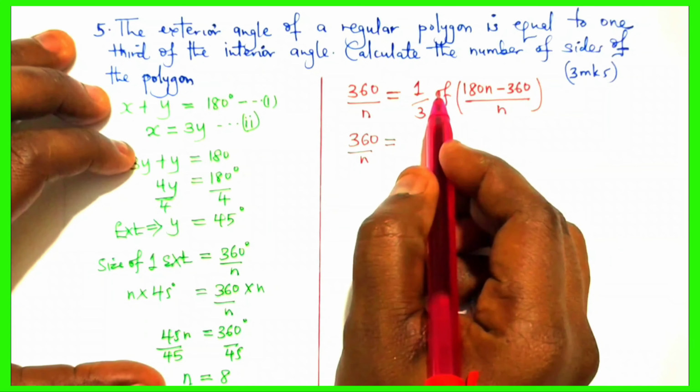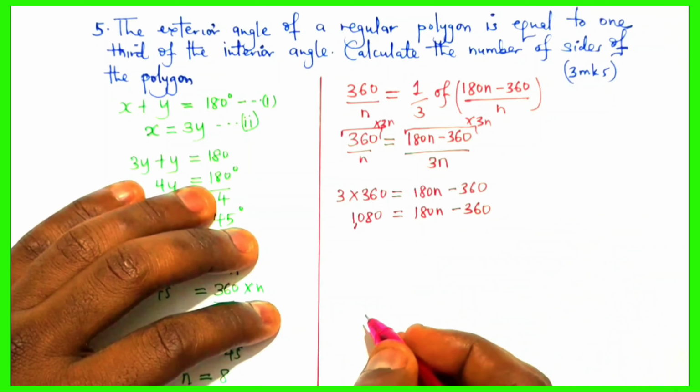On this side, I'll be left with 180n minus 360 degrees. On this other side, the n will cancel. I'll be left with 3 to multiply 360 degrees. So when you multiply 3 times 360, you're going to get 1080. So 1080 will be equal to 180n minus 360 degrees.